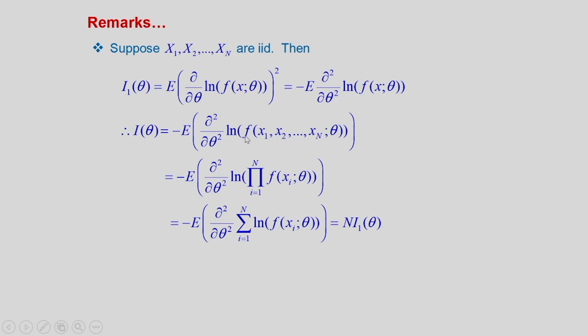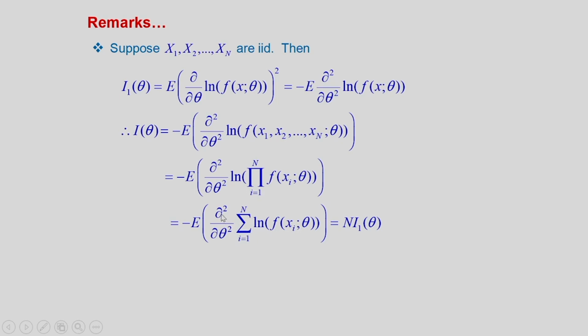Now this joint PDF we can write in terms of marginal PDFs like this, as a product of n marginal PDFs. So that way this will be del 2 del theta square of log of the product of n marginal PDFs f xi theta. And because it is the logarithm of a product, we can write it as the sum of logarithms.